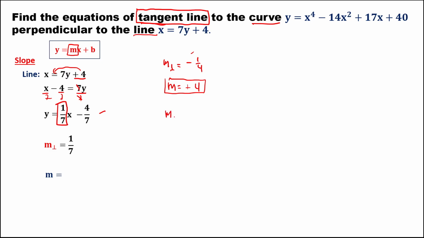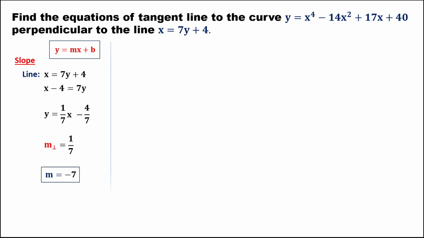Then if the slope of the perpendicular line is positive 2 over 3, to find the slope of the tangent line, this one is positive, then this becomes negative, then the inverse of 2 over 3 is 3 over 2. So this is now the slope of the tangent line from the perpendicular line. So from this, since it is 1 over 7, therefore the slope of the tangent line is negative 7.